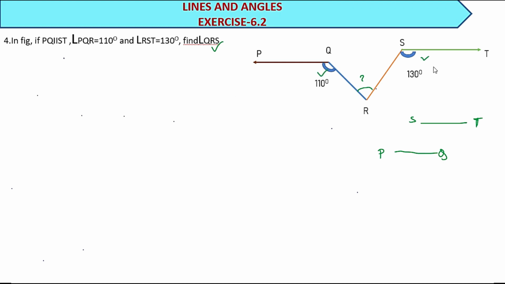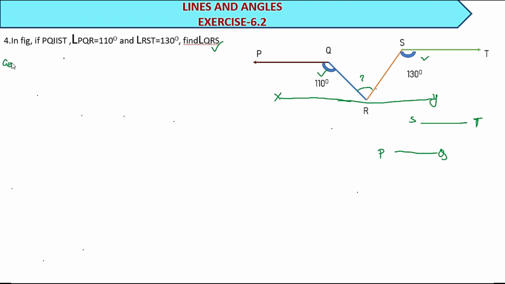Right now, it is not possible to solve the sum unless you make some extra construction. For that, we draw a line XY that is parallel to PQ, and obviously it will be parallel to ST as well.